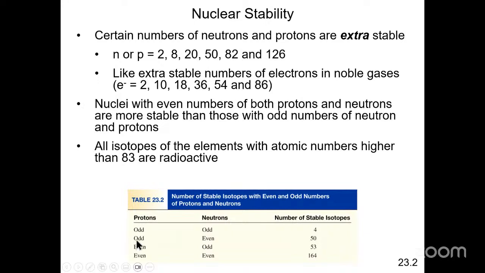If the number of protons is odd and the number of neutrons is even, the number of stable isotopes goes up to 50. If the even and odd numbers switch for the protons and neutrons, that goes up to 53. And if both the number of protons and neutrons are even, the total number of stable isotopes is 164. That's basically all we can say concerning making predictions of the nuclear stabilities of isotopes.